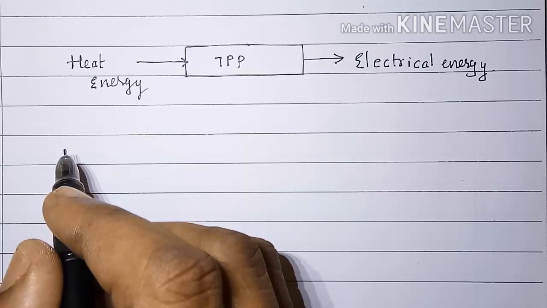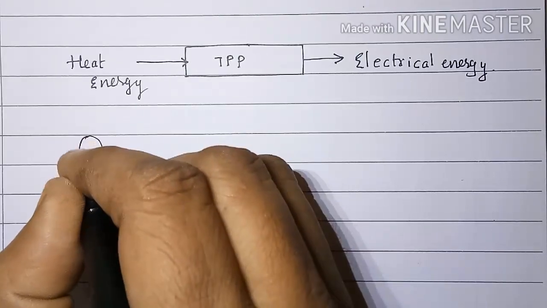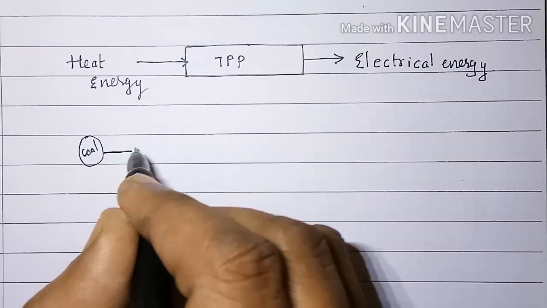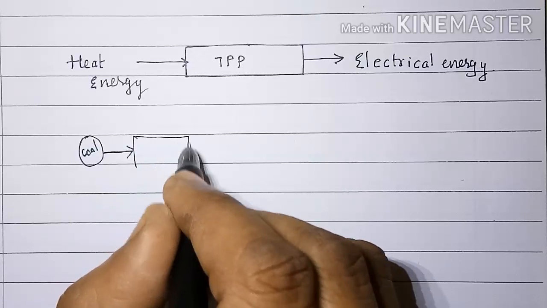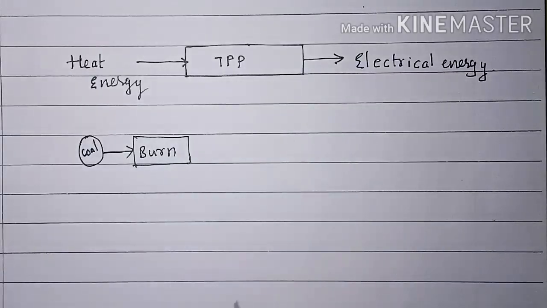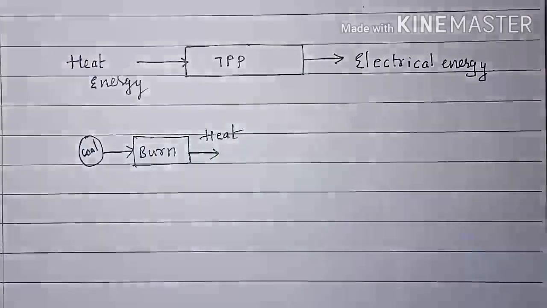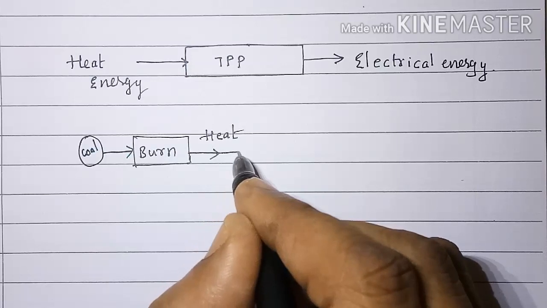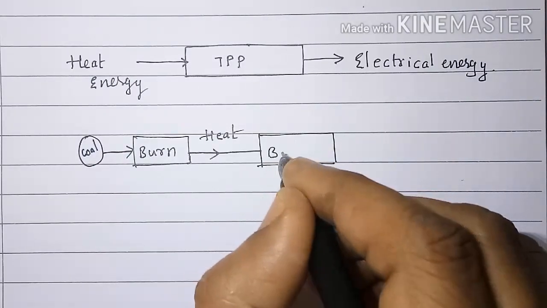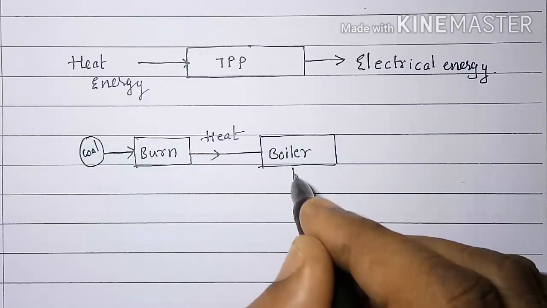So it means that coal is burnt, heat energy is produced, and this heat energy is given to the boiler.